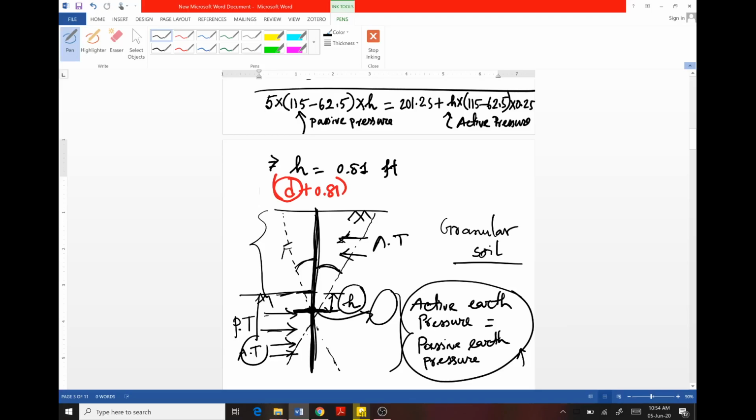Now at some point the passive thrust of this region again moves it back to its initial position. So this is the mechanism. I have tried to simplify this to make you understand easily. So this is the mechanism for determining the embedded length of sheet pile in the conventional method.